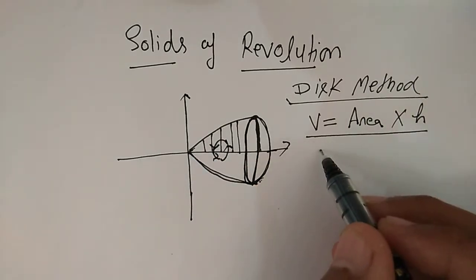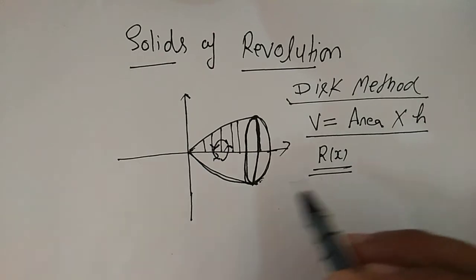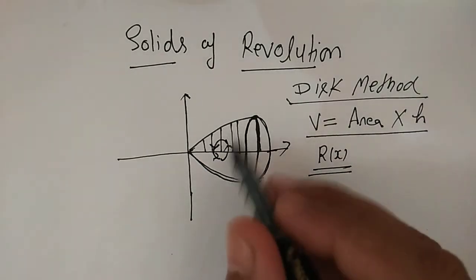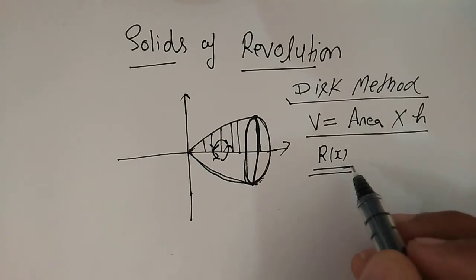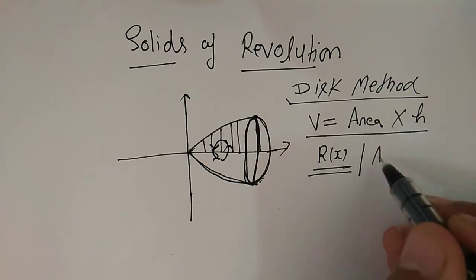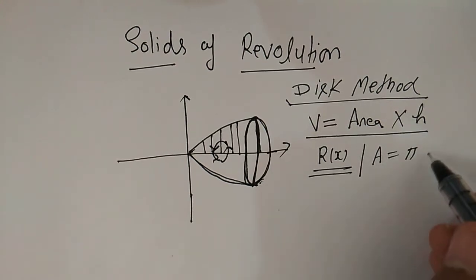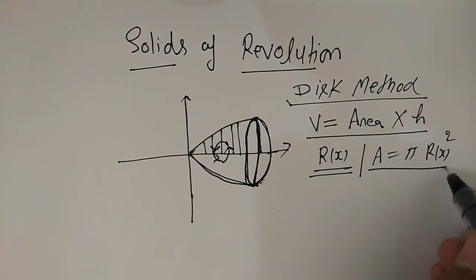So r(x), the radius, is a function of x for these circular strips. So the area will be pi r square.